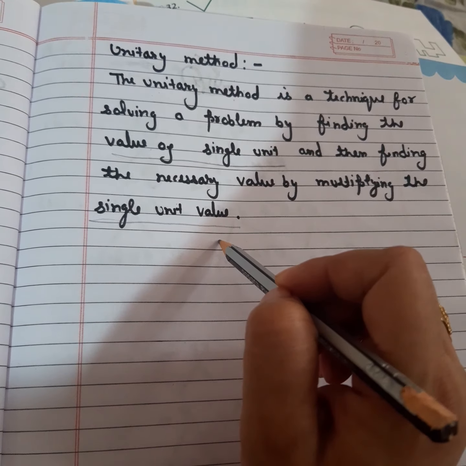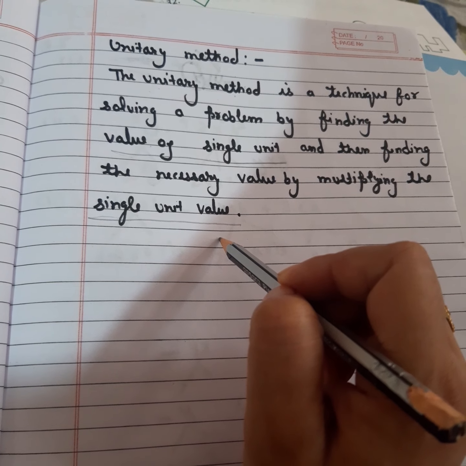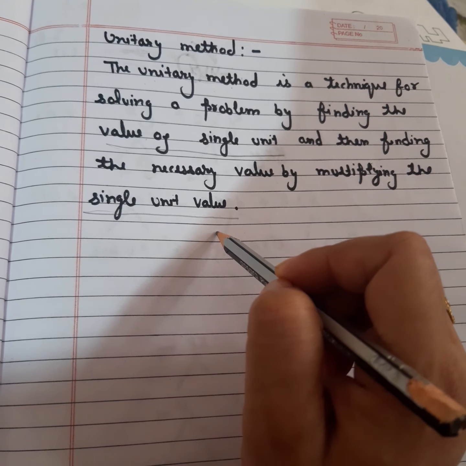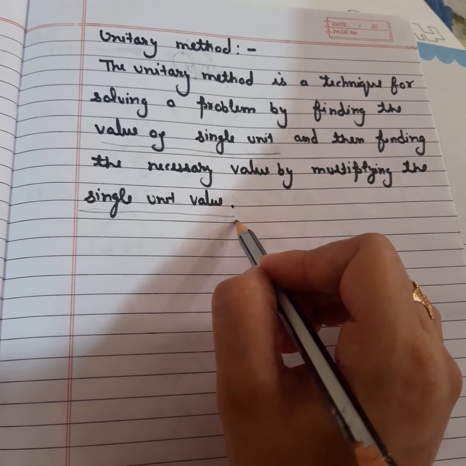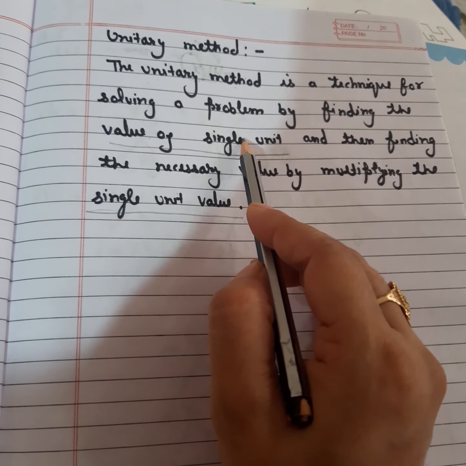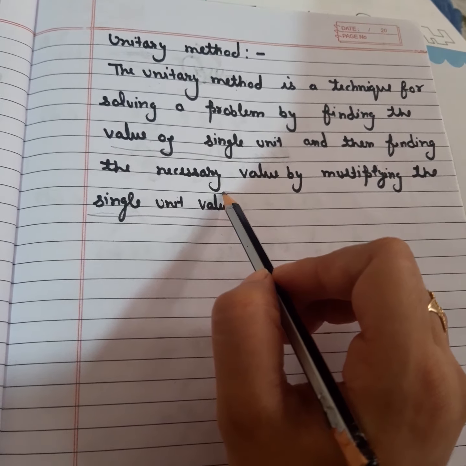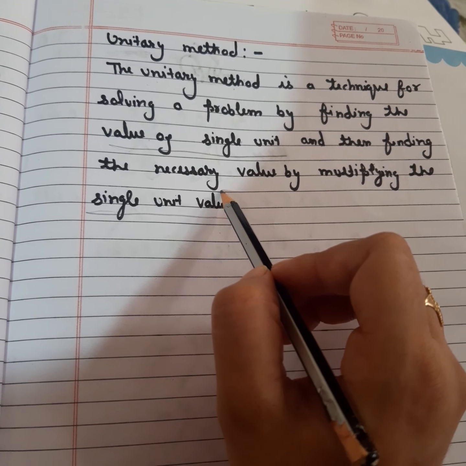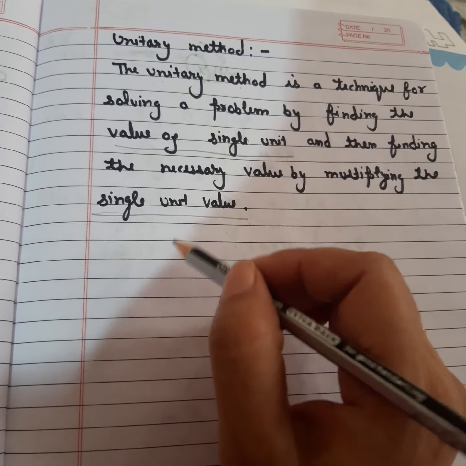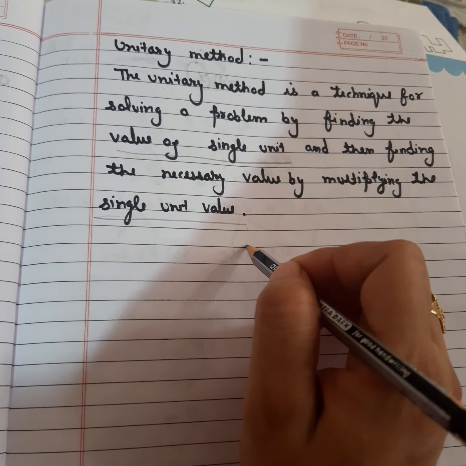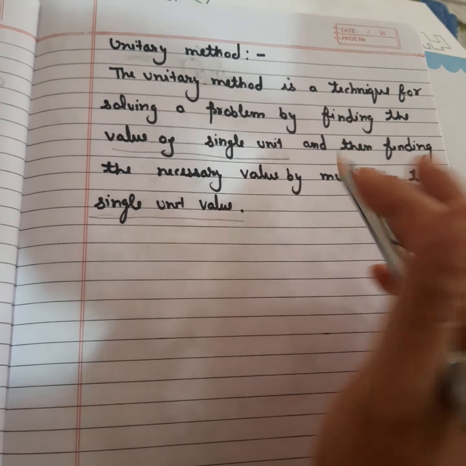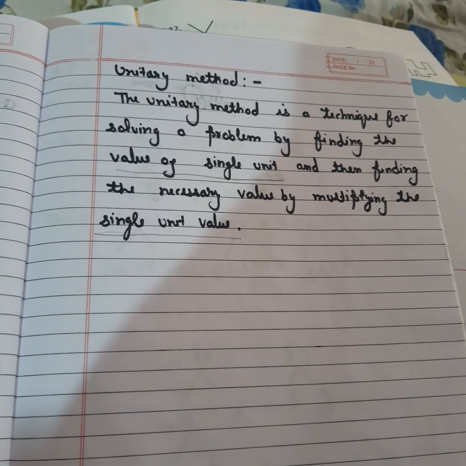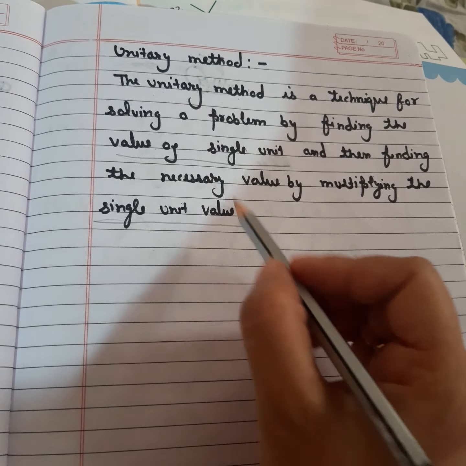First of all, you will be calculating the value of the one, and later on the value of the many with the help of the single unit value. So again I am repeating, in case of the unitary method, we will be calculating the value of the one, and later on the value of the many. Your exercise 5.8 is based on this unitary method only.